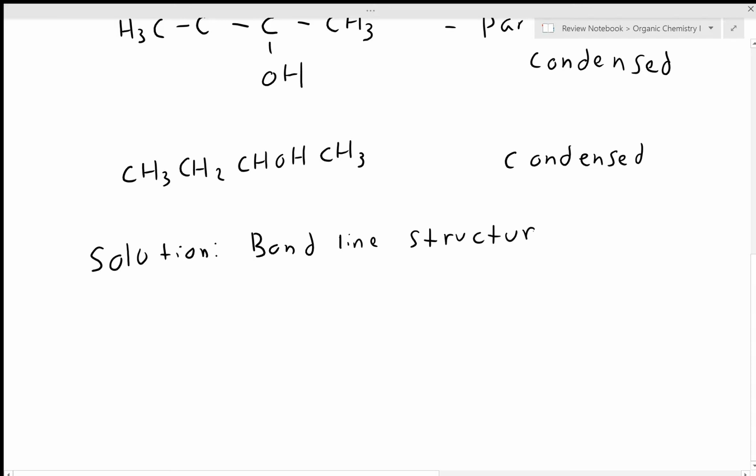With the bond line structure, there's a set of rules that everyone follows, and it makes it easy to visualize. So I'm just going to draw how it would look here. Got our OH, and this is 2-butanol as well.